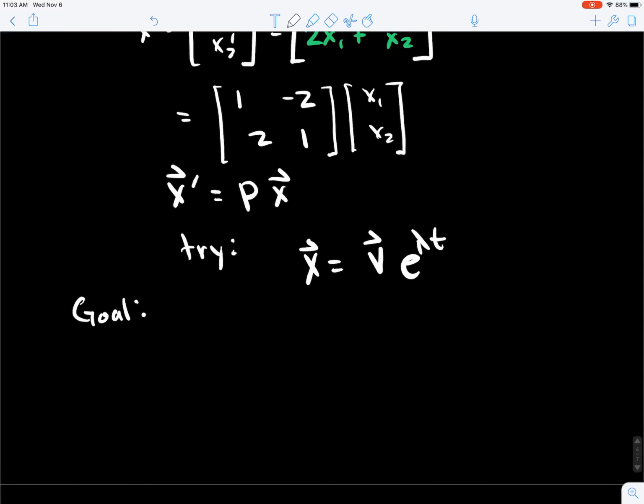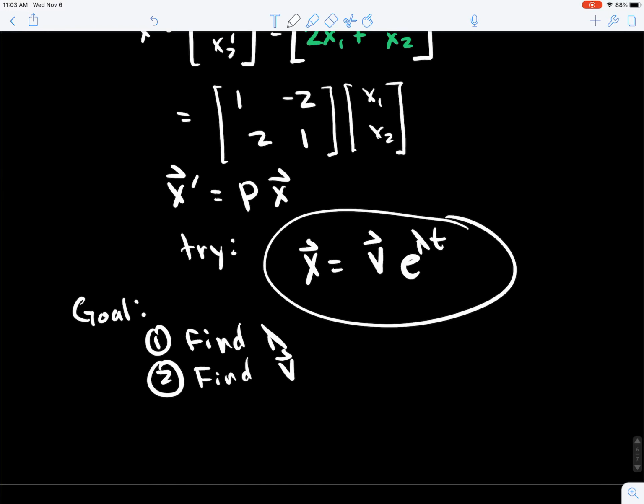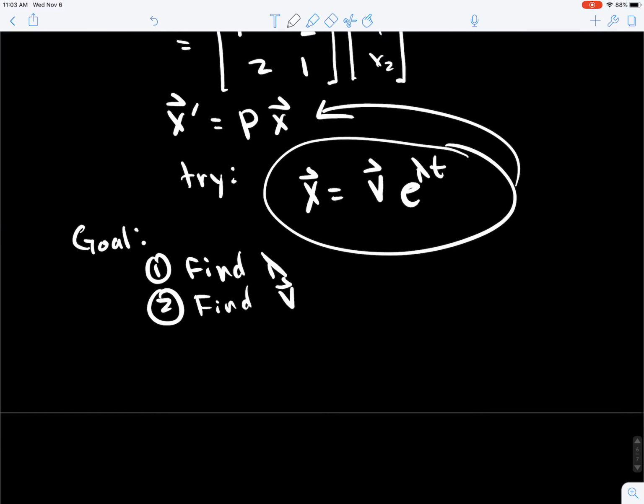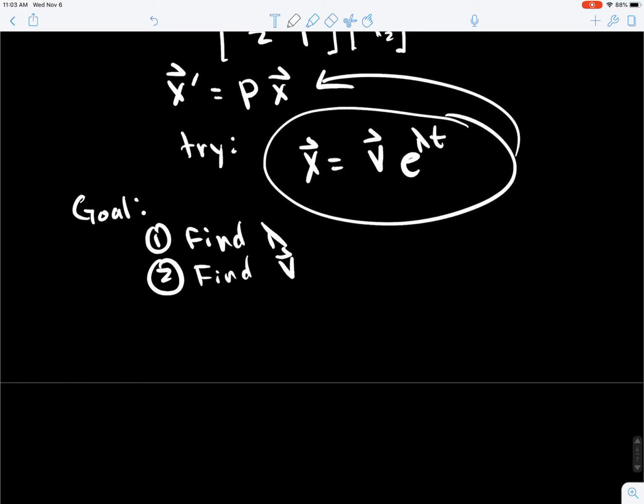Now, your goals are as follows. You want to find, just like back in the day, what lambda is. You're going to do that first. And your second goal is to find what v is. How did we do that back in the day? Well, we took that equation and plugged it in. So let's do that just to make sure we understand this.